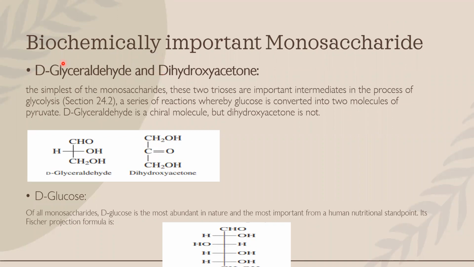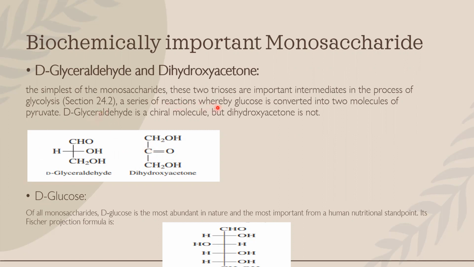So let us discuss these biochemically important monosaccharides further. We have here D-glyceraldehyde and dihydroxyacetone, the simplest forms of monosaccharide. D-glyceraldehyde is a simple aldehyde, while dihydroxyacetone is a simple ketone. D-glyceraldehyde has a chiral center, which has 2 enantiomers, while dihydroxyacetone does not show any chirality.